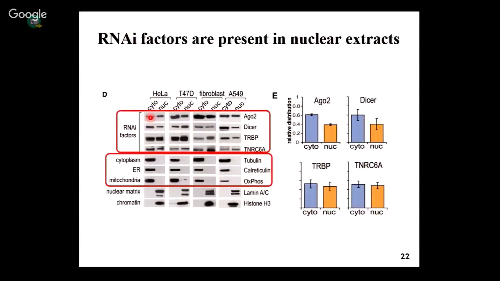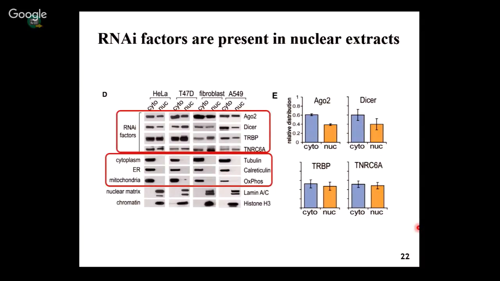And we can see that in the nuclear extract of these 4 different cell lines, there is no cytosolic marker tubulin, no ER marker calnexin, and no mitochondrial marker. So this data shows that they got cytosolic extract and nuclear extract with no contamination. And quantitation of this Western blot reveals a relative nuclear abundance ranging from 40% to 50% for these RNAi factors.